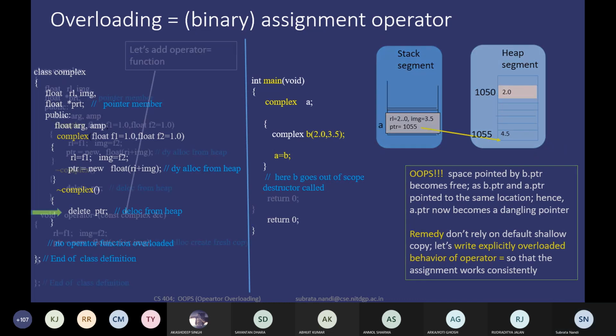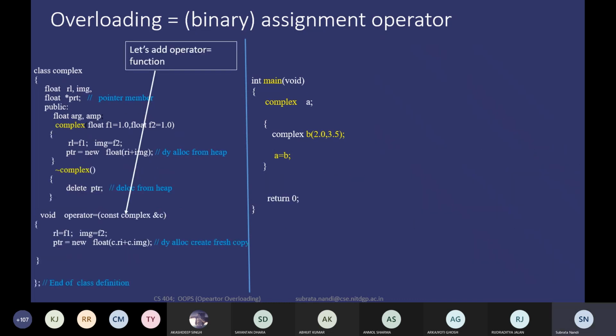So how to avoid this? In this case of the complex class, you don't really need to worry about it. But for any class which has a pointer member among its data members, like the linked list class, you probably have to explicitly overload the assignment operator by writing something like this.